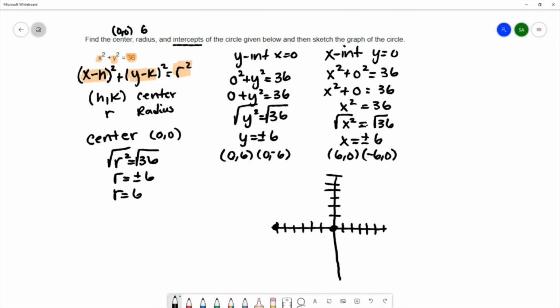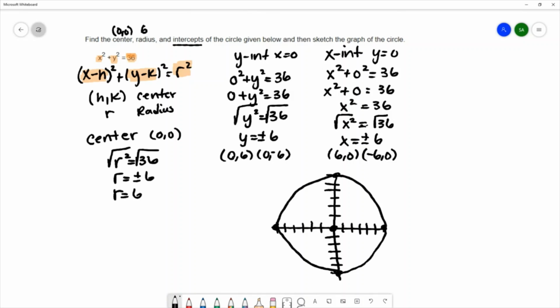And I would mark those spots. And then we would draw the circle, connecting those points that we found from the radius.